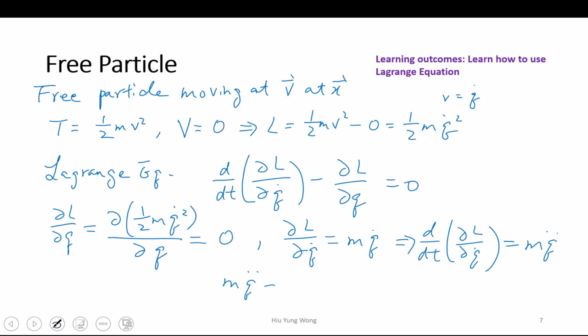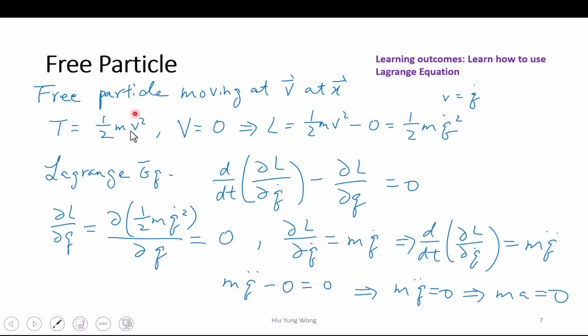m q double dot minus 0 equals 0, which is m q double dot equals 0, which is ma equals 0. Is this correct? For a free particle. What is ma? m times a, how about? Force. F equals ma. Come back to Newton's equation. This is Newton's first law. There is no acceleration, no force, right? So you see that I don't need to understand all the basics.